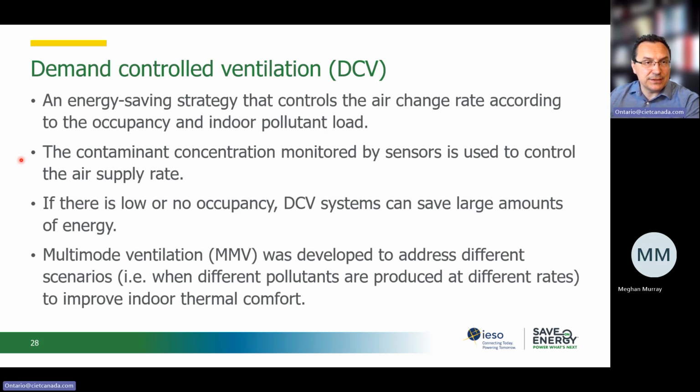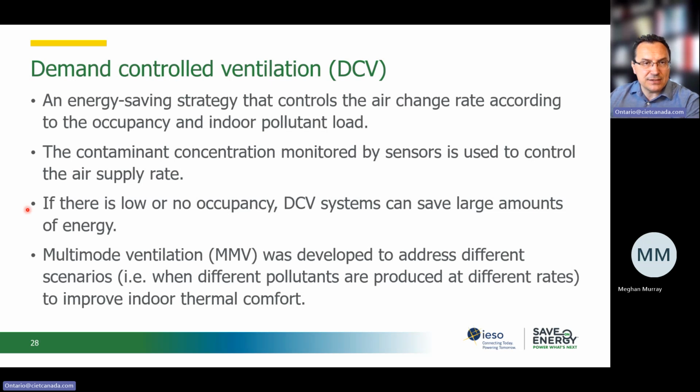So we monitor the concentration of these contaminants so that we can adjust the output of our ventilation system to keep the contaminant within the acceptable range. This allows us to achieve savings for low activity levels or low occupancy levels.